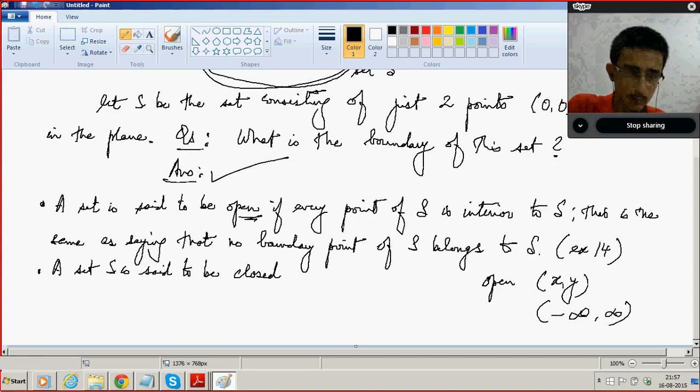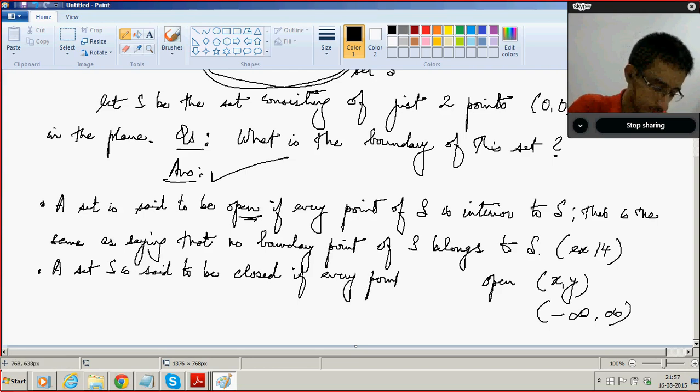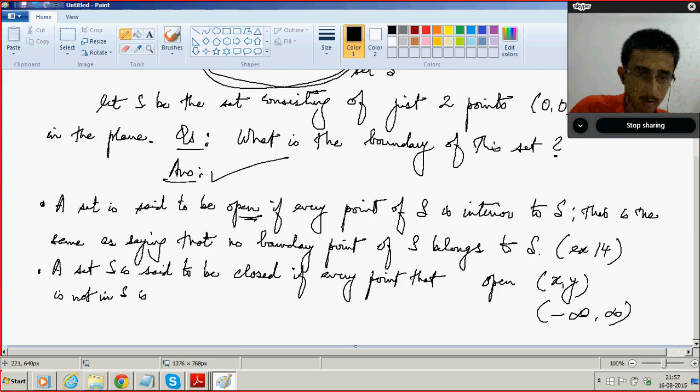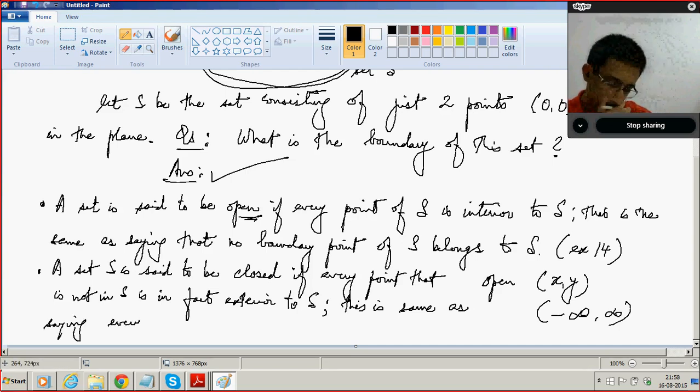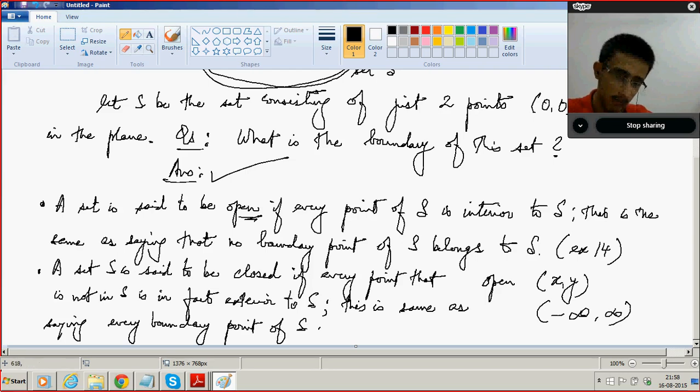So similarly, a set S is said to be closed if every point that is not in S is in fact exterior to S. This is same as saying, which is left as an exercise, that every boundary point of S is in S itself.